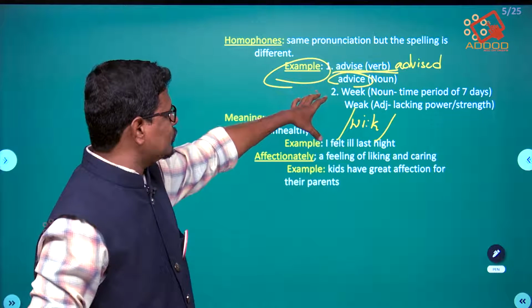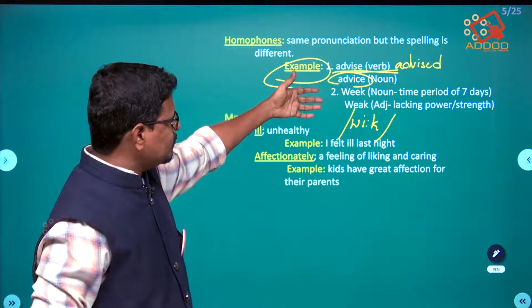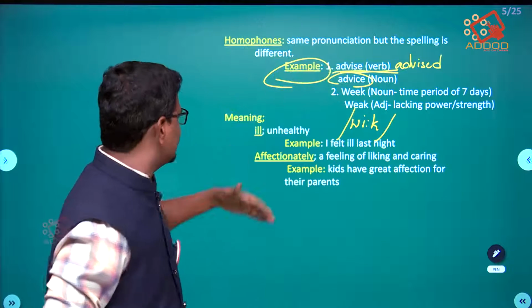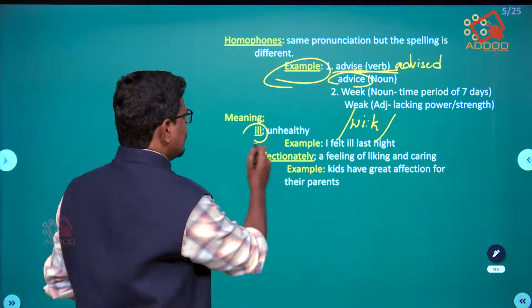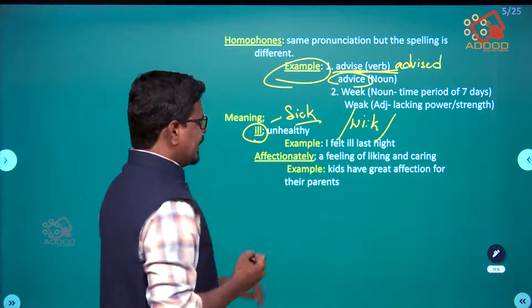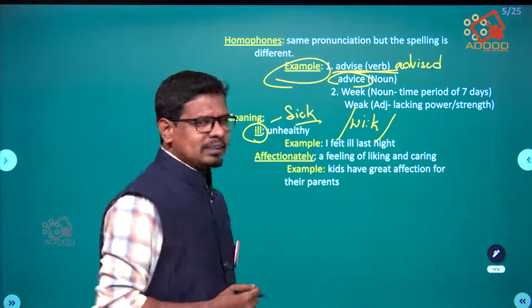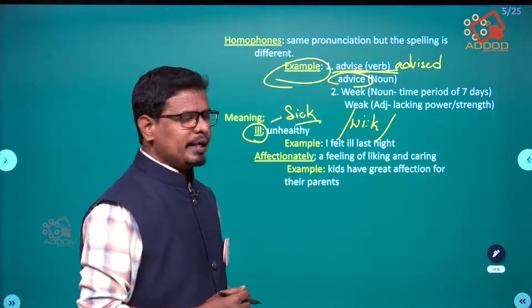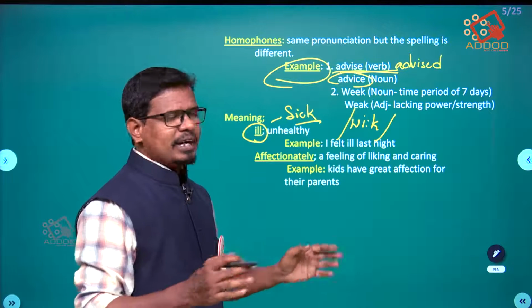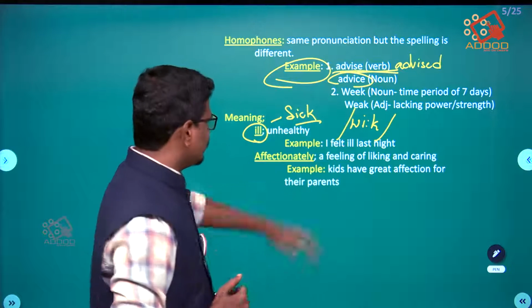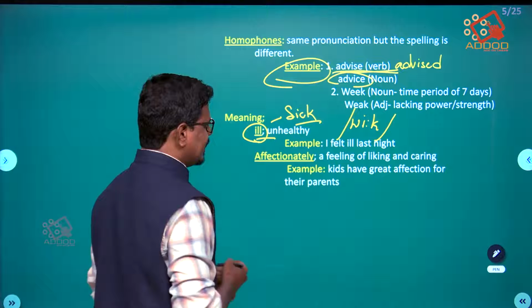They are homophones. Another word is ill, meaning unhealthy or sick. An example: I felt ill last night. After finishing my work, I went home and it was really packed with traffic, so I felt ill. So ill means unhealthy.